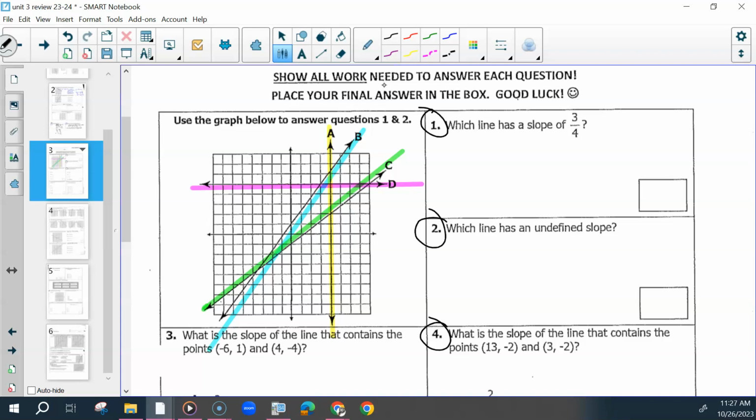Well, it can't be A, it can't be D, so it's either B or C. So find points on these lines that cross the grid lines exactly and count the slope. Which one has 3/4? C. Which one has an undefined slope? D is 0, A is undefined.